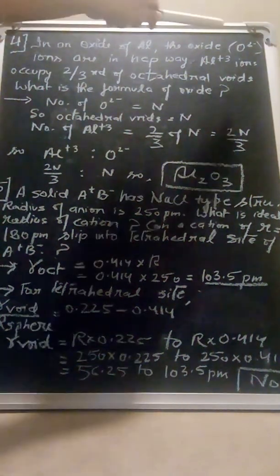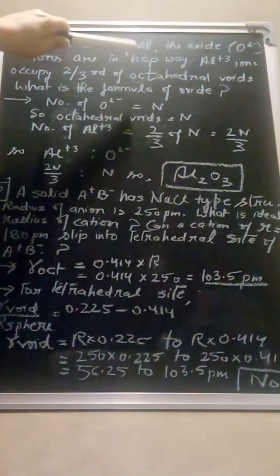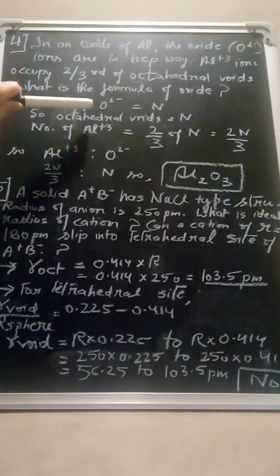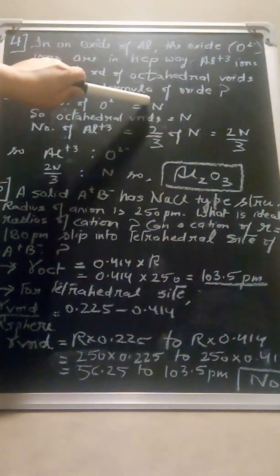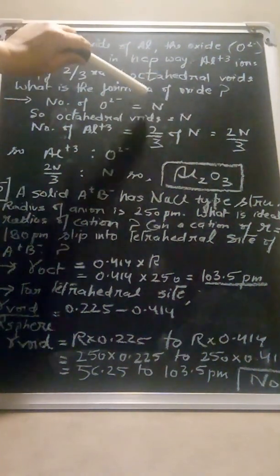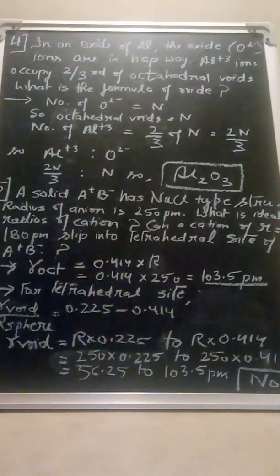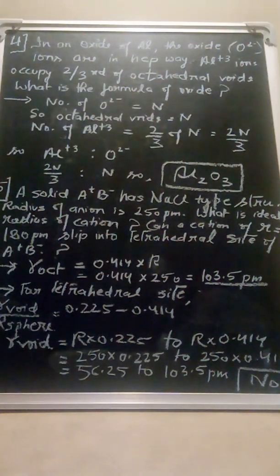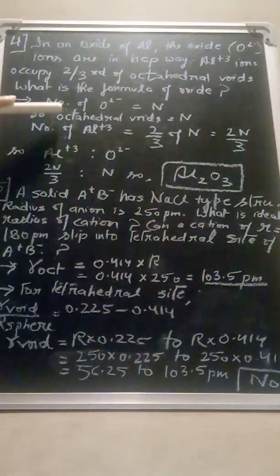Since oxide ions are arranged in HCP way, let us suppose the number of oxide ions is n. Then octahedral voids are equal to the number of anions. How many anions are there? n. So octahedral voids are also n.